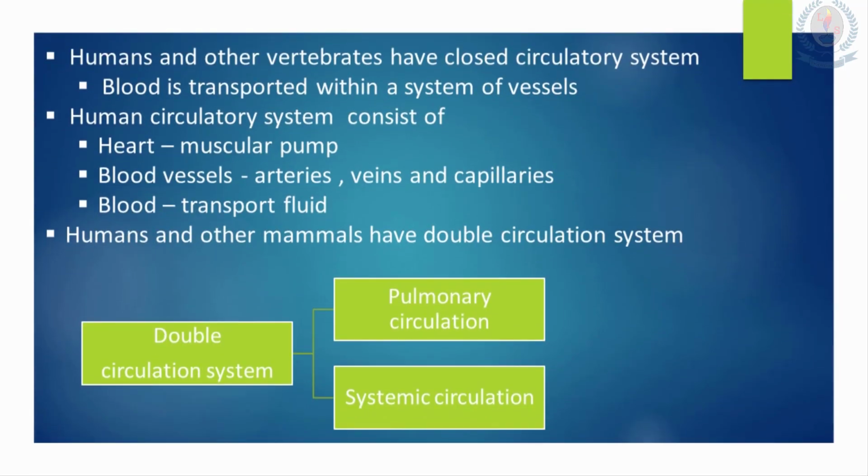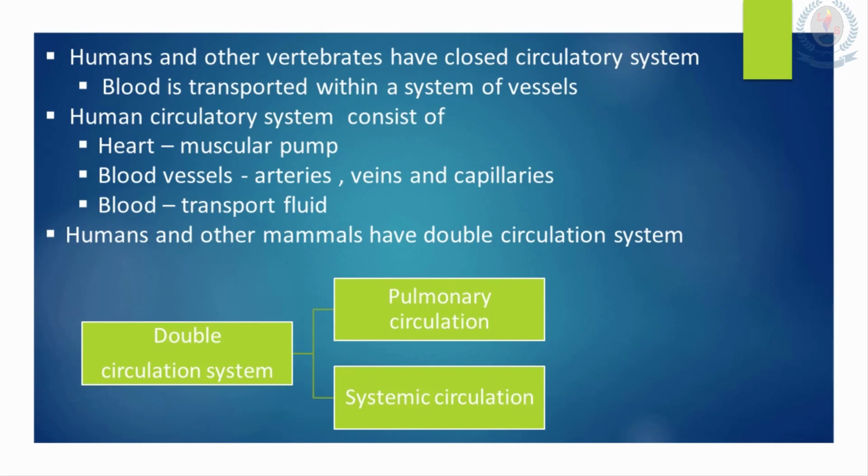Humans and other vertebrates have a closed circulatory system. What do we mean by a closed circulatory system? Blood is transported within a system of vessels. Our human circulatory system consists of three main components. What are they?